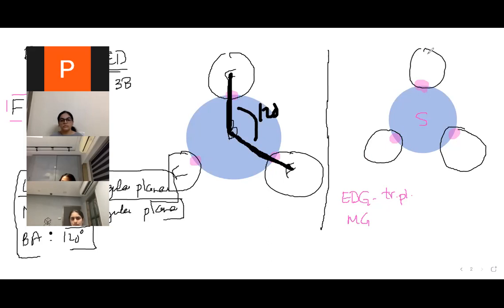There is no oxygen here. So what is the molecular geometry here? That's a V shape. It's not triangular planar. So the molecule is V shaped, or you can call it angular.